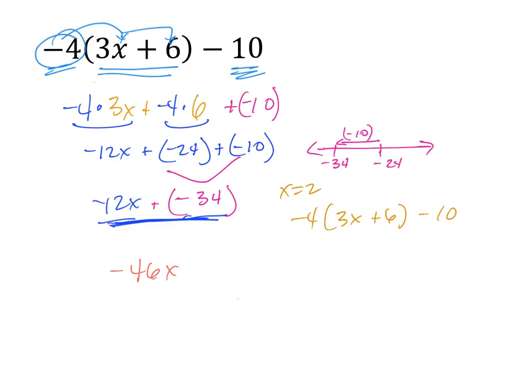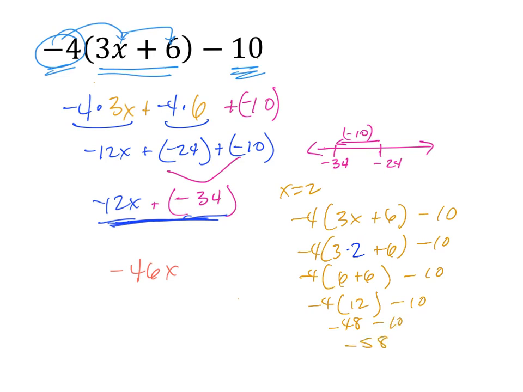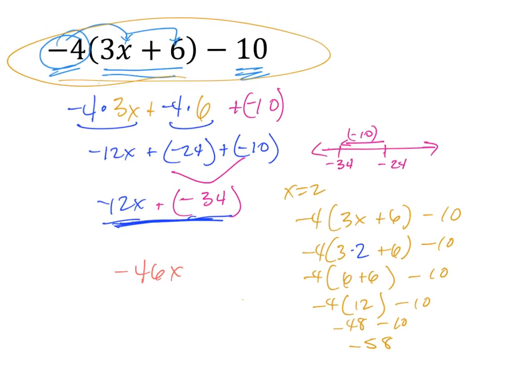And I'm going to plug a 2 in, so I'm going to have negative 4 times 3 times 2 plus the 6 minus 10, which is going to give me negative 4 times 6 plus 6, minus the 10, which is negative 4 times 12 minus 10, which is negative 48 minus 10, which is negative 58. That's if we take our original expression and put in 2, okay?